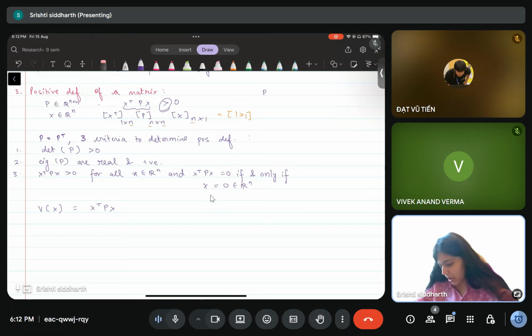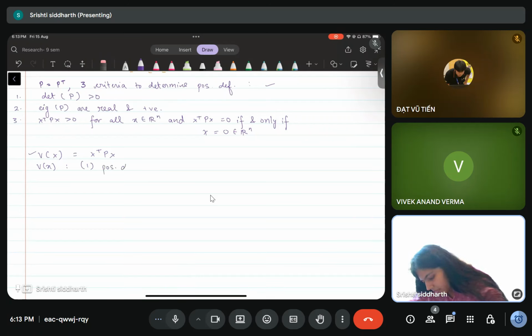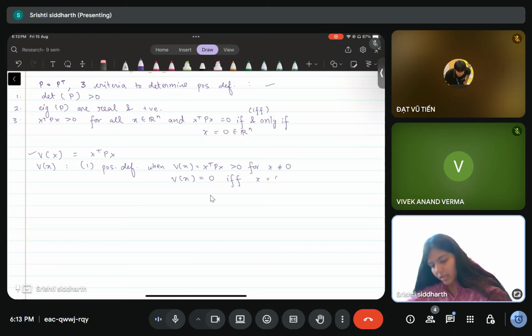Based on the positive definiteness of P, we have some criteria on V. If V(x) is positive definite, then X transpose Px is greater than 0. Again, the same statement holds for X non-zero, and V(x) equals 0 if and only if X is the 0 vector.